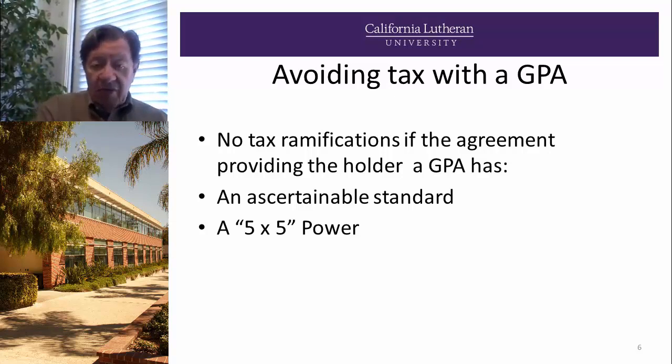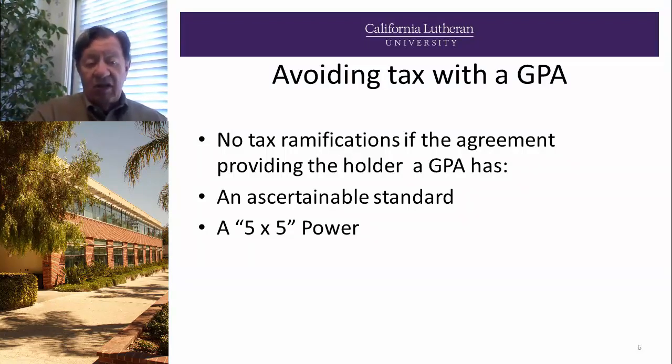There's no tax ramifications if the agreement providing for the power to a holder having a general power of appointment has either an ascertainable standard, which is health, education, maintenance, support, as discussed in your textbook, or what's called a 5x5 power, which is that they have a right to take out 5% or $5,000 a year. If the amount that can be taken out is under 100,000, it's 5,000.